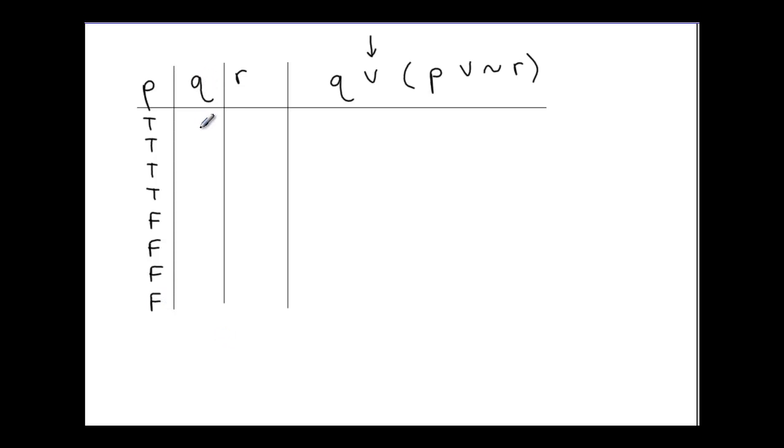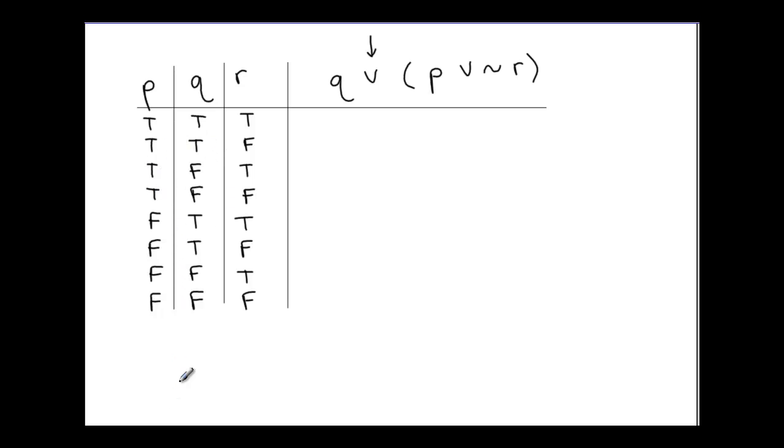Under the Q column, you're going to want to alternate by 2s, beginning with true, true, then false, false, true, true, false, false. And in the R column, we're going to alternate every other one: true, false, true, false, true, false, true, false.